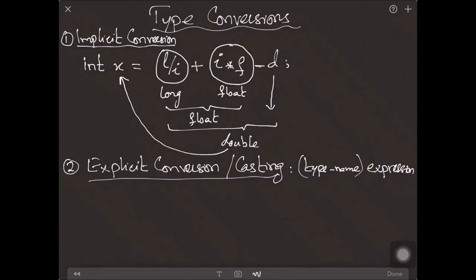Let me write some examples for your understanding. This will cast this 7.5, a floating point value, to an integer, and of course a 7 will be assigned to x, no matter if x is a float or a double type.